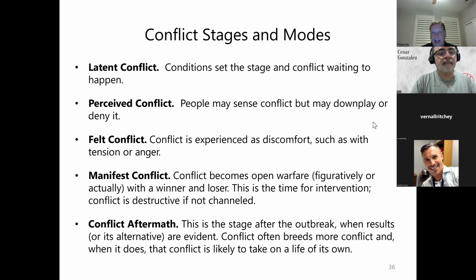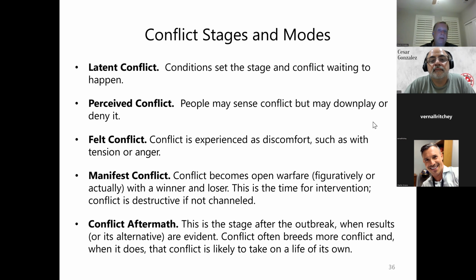If you haven't intervened at least at this point, then that conflict is going to end up becoming destructive for the organization. And that conflict will then result in an aftermath. After that manifest conflict has happened, you've had winners, you've had losers. Then in the aftermath, those winners and losers obviously are going to foster more conflict in the future.